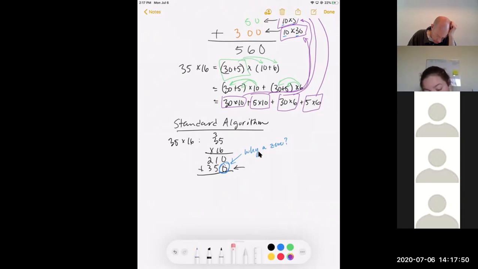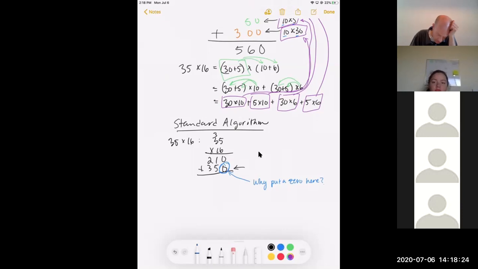Isn't it because you are now working with the tens unit, so you need to put a 0 for the ones because you're working with the tens? Okay. Good thought. Does everybody agree with that? You guys agree? Okay. So yeah, that's a good thought. You're working with the tens place because you're doing 10 times 35.